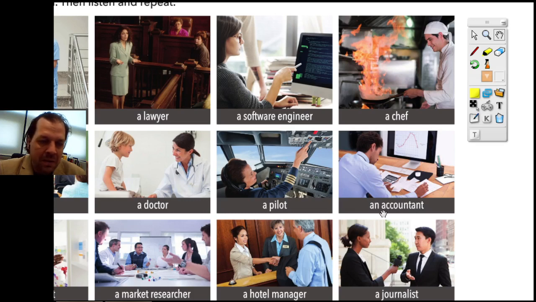Accountant starts with the letter A, so A, E, I, O, U, those are all vowels. When a word starts with a vowel, for instance, accountant, we can't easily say the word with a. So we use the letter N, an accountant. Okay, it's easier to pronounce, and it's also a grammatical rule.